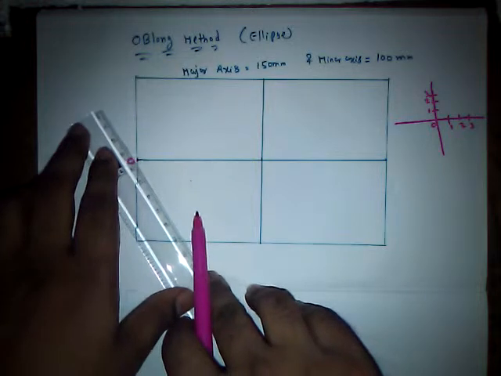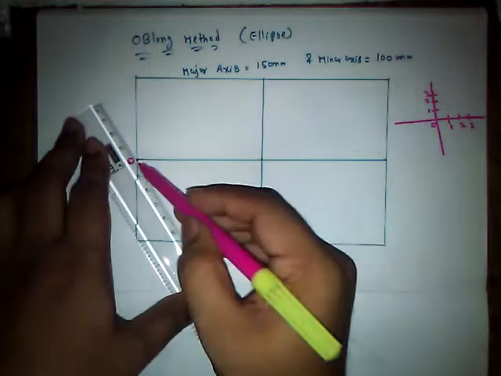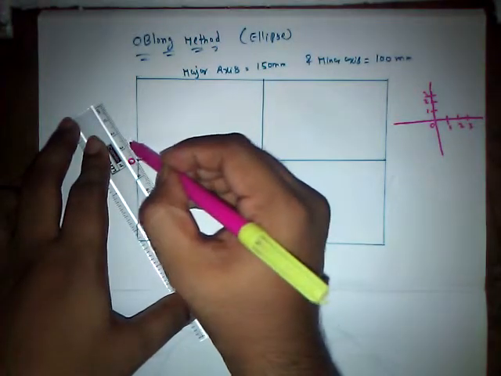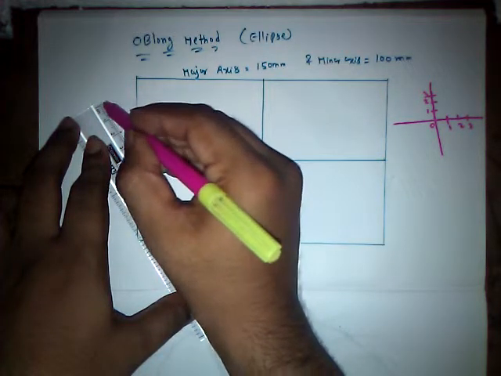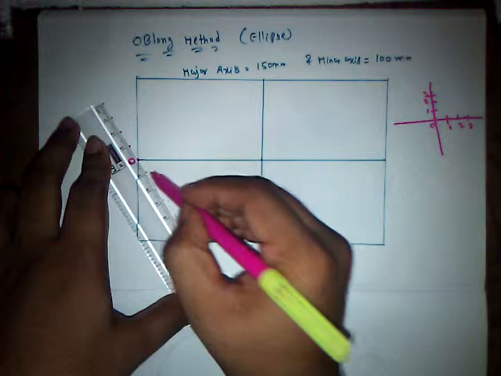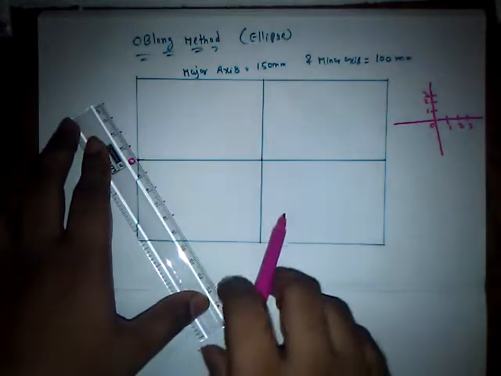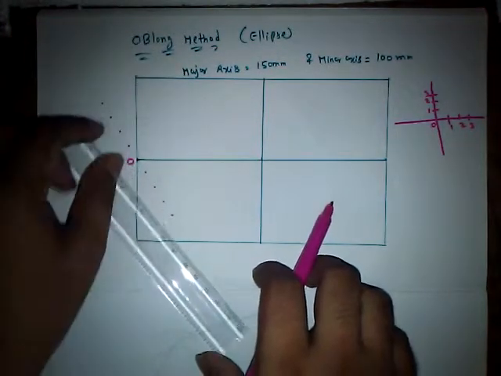So keep it at 4. I am keeping the division at 4 at the center. Now I am going to mark at 3, 2, 1, 0, 5, 6, 7 and 8. So I kept equal points by keeping at 4, and I got the equal divisions.